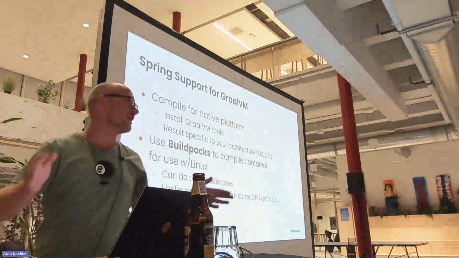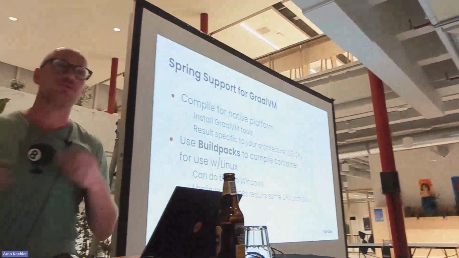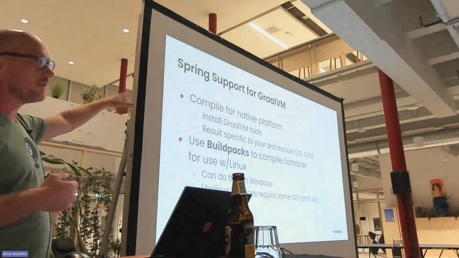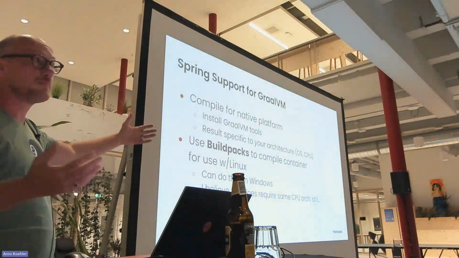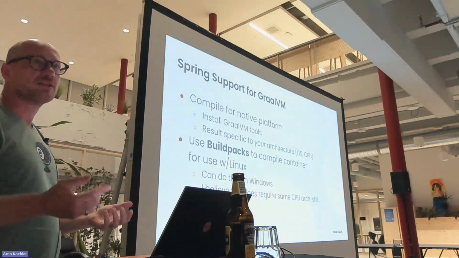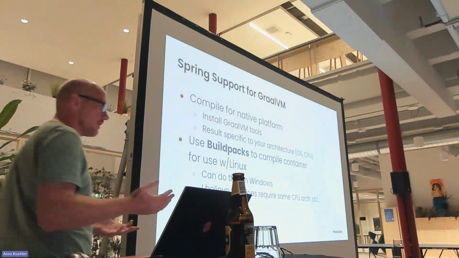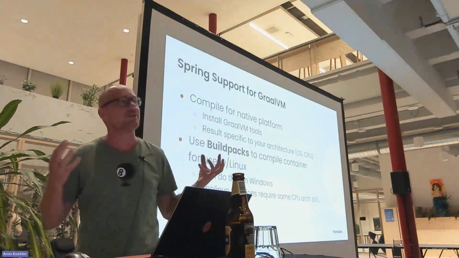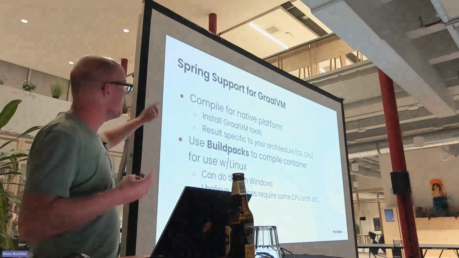It's great fun. Yesterday evening, I spent my evening installing Visual Studio and some updates to get that working. It works, but if I do this and create a build, I get an .exe file that only works on an x86 64-bit architecture on a Windows operating system. Not typically what we tend to run in the cloud.